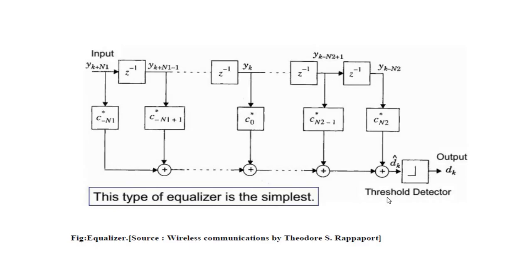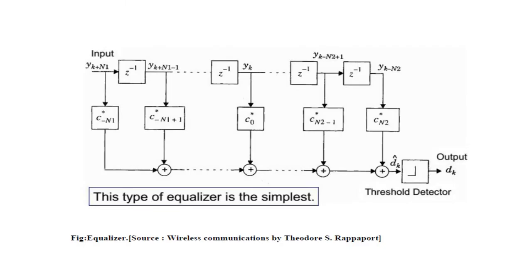So dk bar gives the error, and based on that error the weight adjustments will be done with the complex conjugate values in the duration T0 plus IT, with the number of taps n, where n is equal to n1 plus n2 plus 1, incremented likewise.